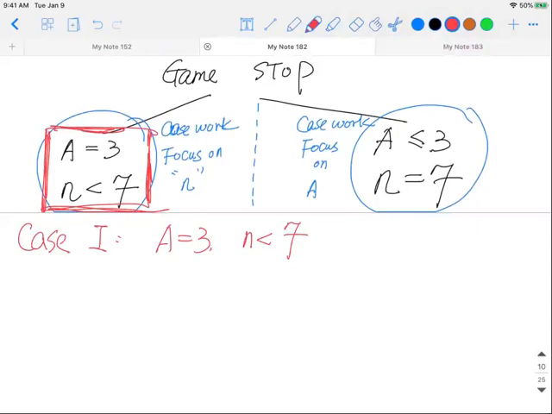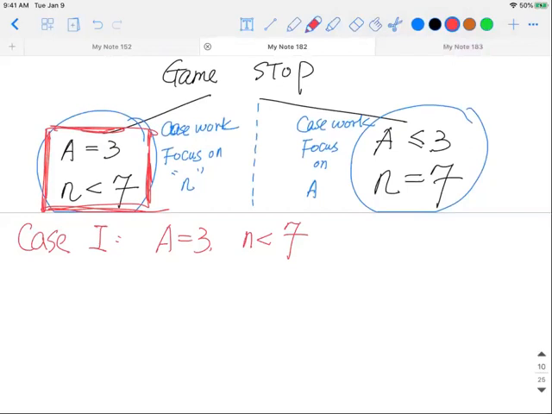Who can tell me how many times you can flip your coins in order to make sure A equals 3, while N is lesser than 7? What are we going to do? Oh, only 2? I think it should be more than 2.